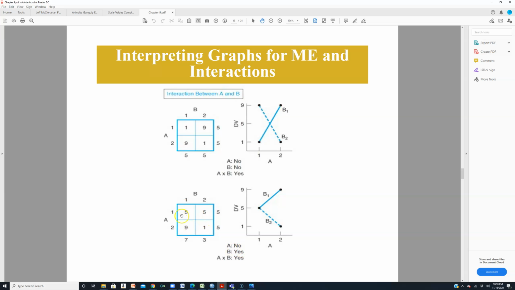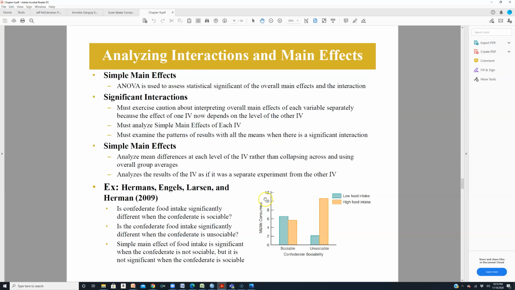And then notice how the pattern changes: for B1 high, but for B2 low. And so the effect of A depends on the condition of B, such that it matters for B1 but not B2, right? So that results in what we call a spreading interaction, okay?